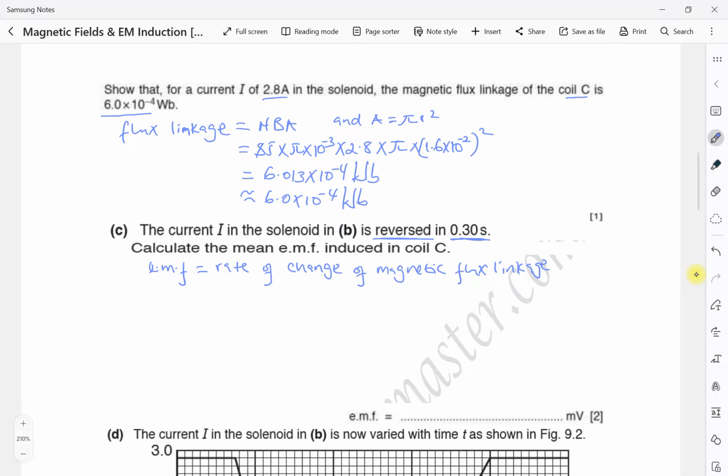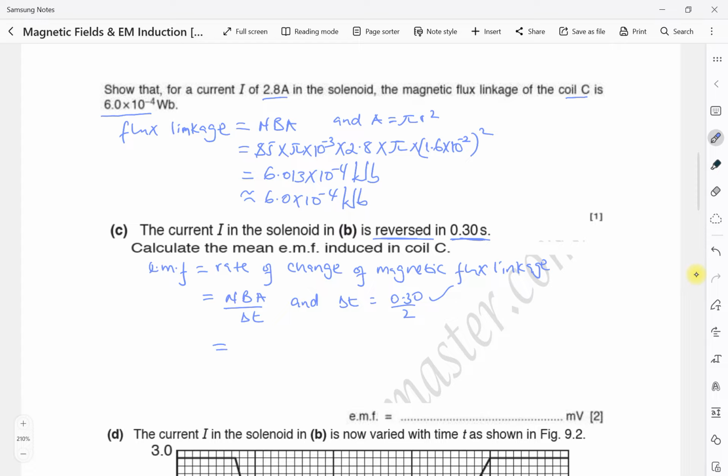So this is going to be equal to NBA divided by time. But of course, the time is going to be half of this, that is 0.30 divided by 2, because the current is reversed. So it means it goes from one maximum to another maximum in 0.3 seconds. If it is just from 0 to a certain maximum, it should be half of this.